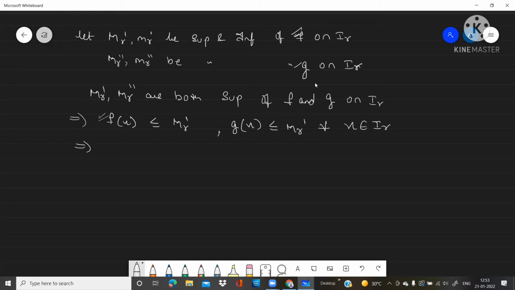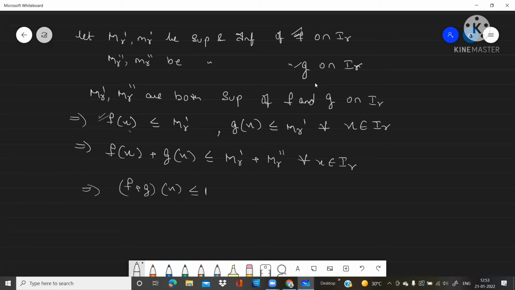The next step is the addition of both. f of x plus g of x is less than or equal to capital MR dash plus capital MR double dash for all x belonging to IR. Now f of x plus g of x we can write as (f plus g) of x, which is less than or equal to MR dash plus MR double dash for all x belonging to the rth interval.